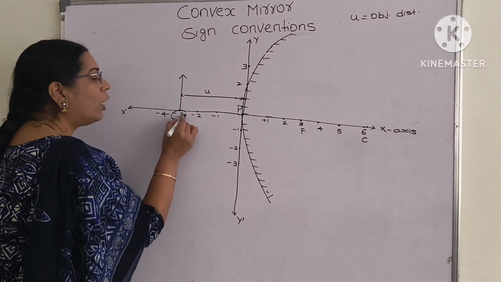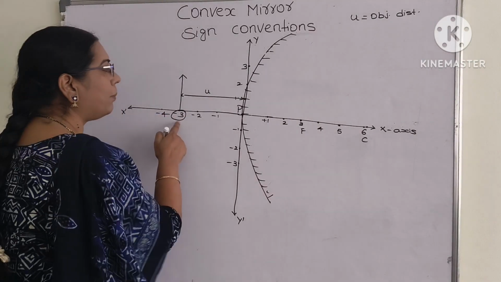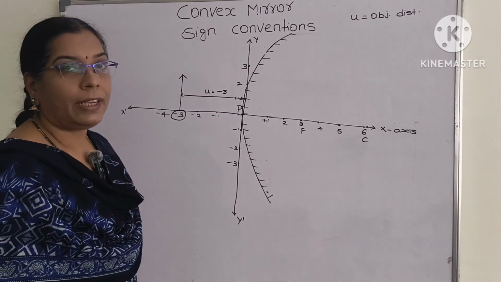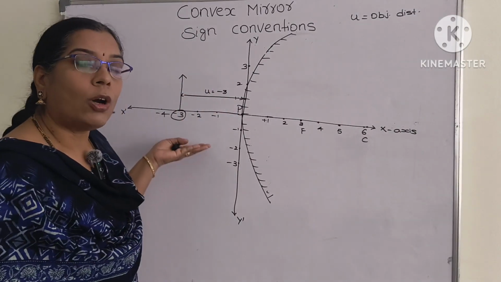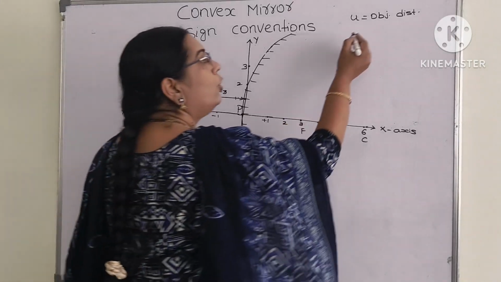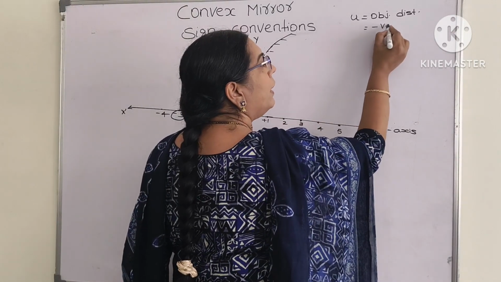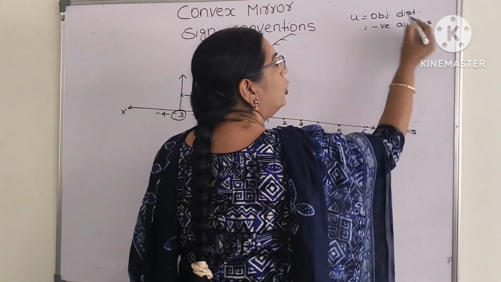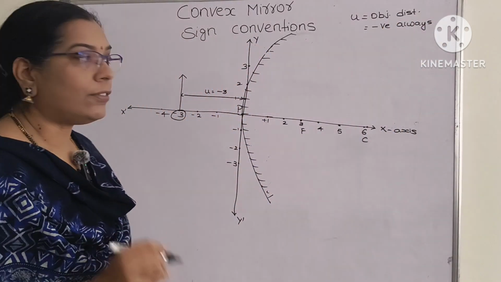But at what place is it located? At -3. Since the object will always be placed on the negative x-axis, u will always have a negative sign.